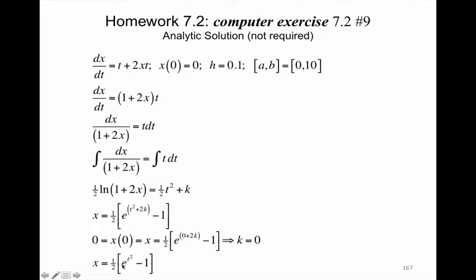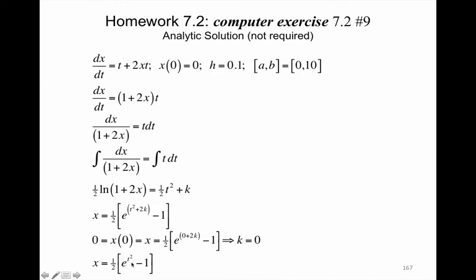Now just stare at this for a minute, because this solution is kind of an explosive one. As t gets bigger, even if we didn't have a squared term, we know that e to the t grows very rapidly. But as t gets over 1 and then you square it, this argument of the exponential gets bigger yet.